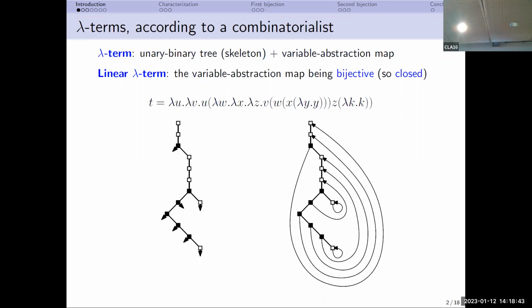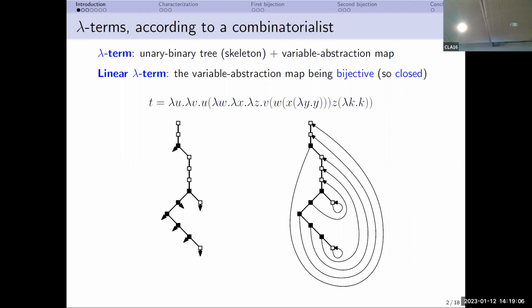Okay, and in this talk we are mostly interested in linear lambda terms, which means that there is a bijection, a one-to-one correspondence, between variables, so leaves, and abstractions, so unary nodes. So this is an example of a linear lambda term.